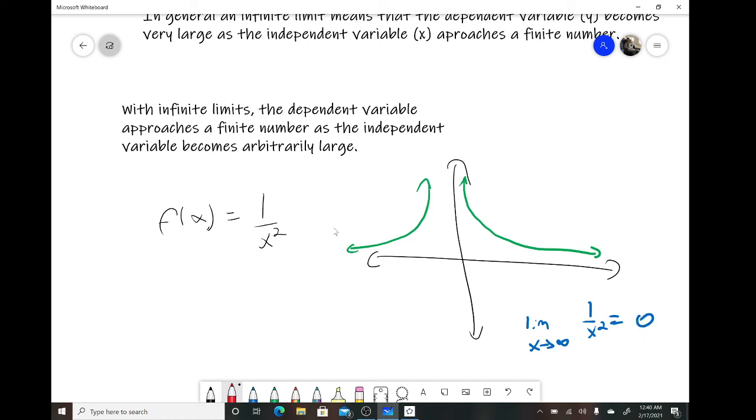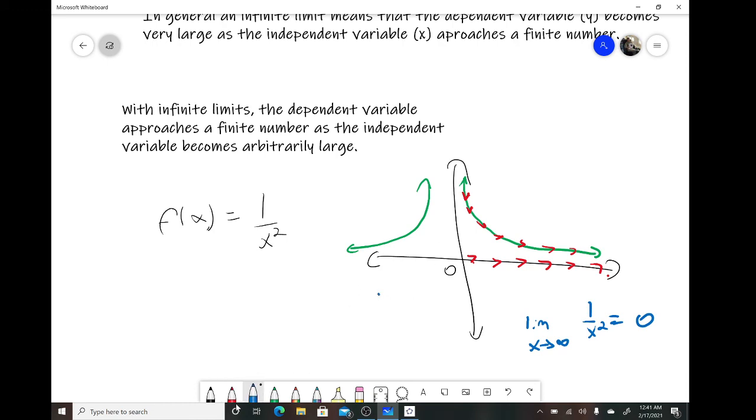And we can see that clearly here. Limit as x goes to infinity means that the x values are moving away from 0. They're getting very large very quickly. And as the x values are getting very big, the outputs are getting smaller. So we can see they're going down, all the way down. And this green line, as we saw in GeoGebra, is going to continue to go down, but it's actually never going to touch the x-axis, and it's never going to cross the x-axis either. I'll explain why that's the case in a bit.